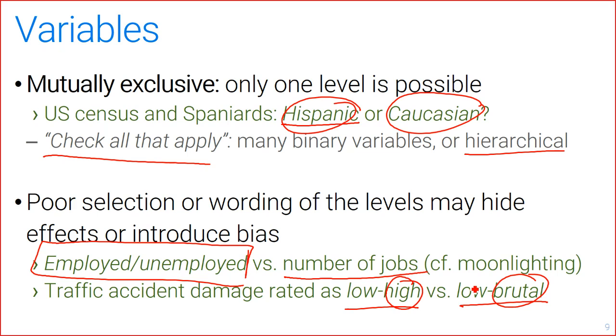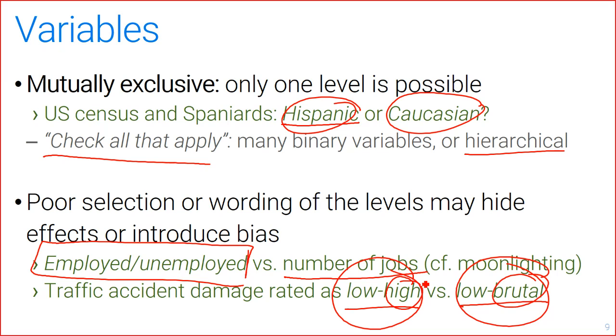So just by choosing one or another option, we're going to have a certain bias in our results, because people tend to stay away from such extremes as brutal. So we have to be careful with how we choose the words we put into a survey, for example.